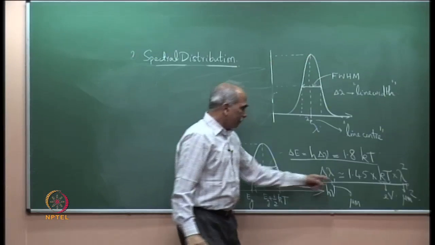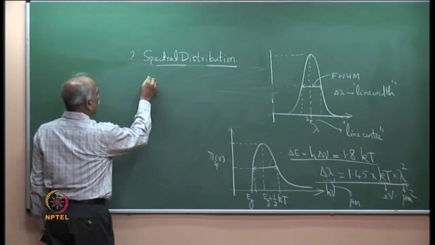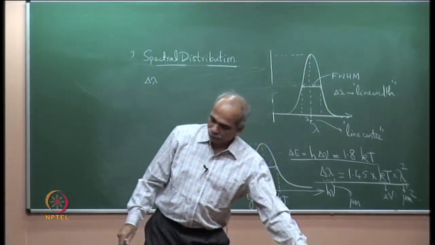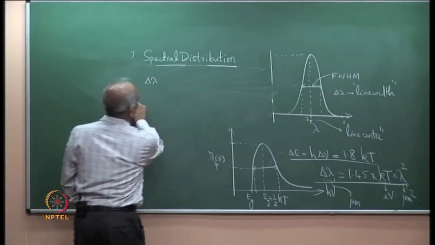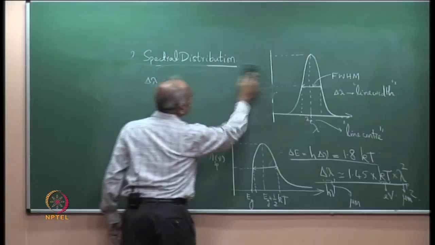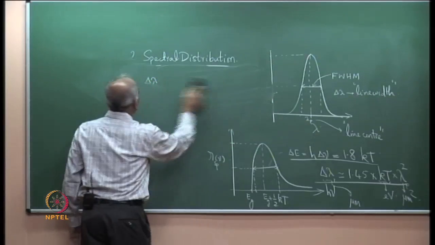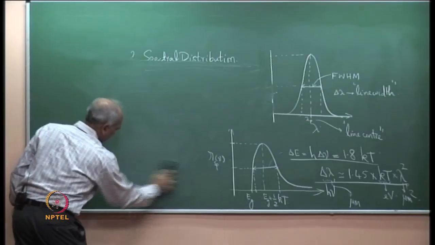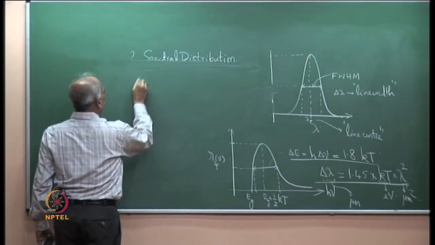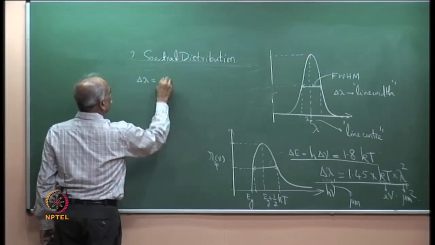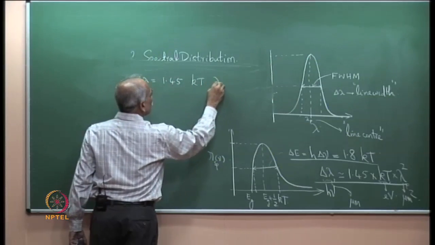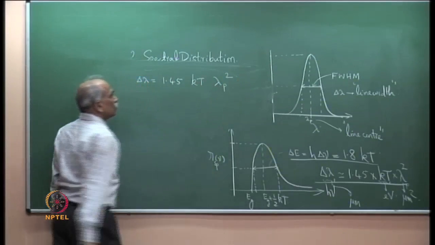So the point is delta lambda is approximately equal to 1.45 kT into lambda p square.